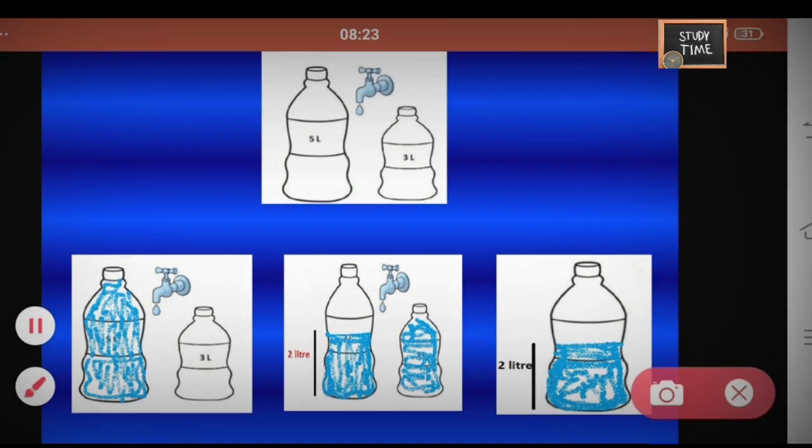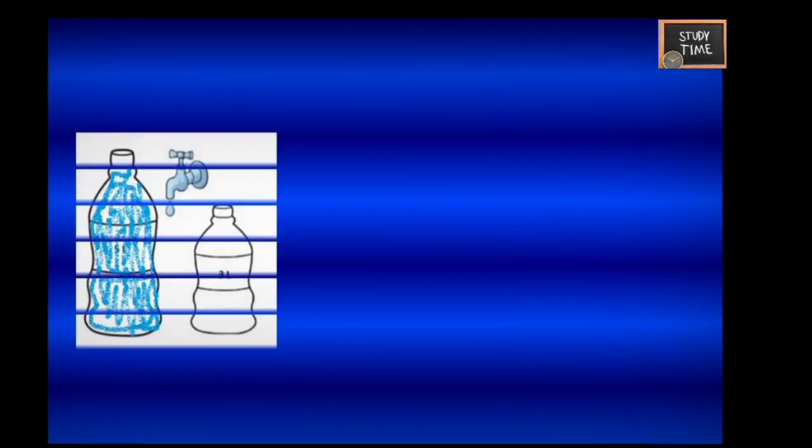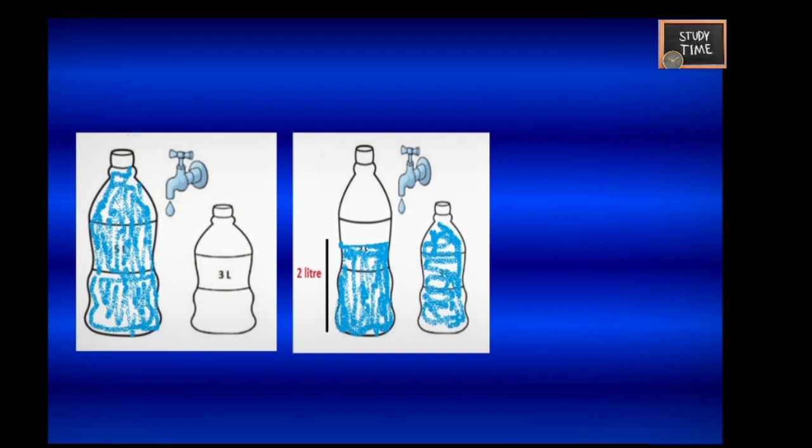See here, first he poured 5 liters, then he poured this 5 liters into the 3 liter bottle. So he gets 2 liters here, 3 liters here. So separately he got 2 liters. The same process he repeats. Again he poured 5 liters, again he transferred that to the 3 liter bottle, and again he gets 2 liters.